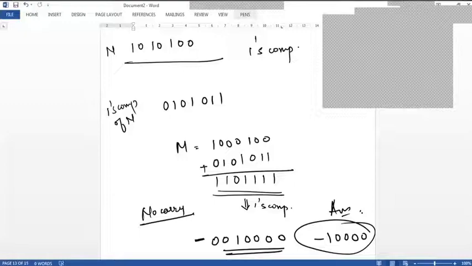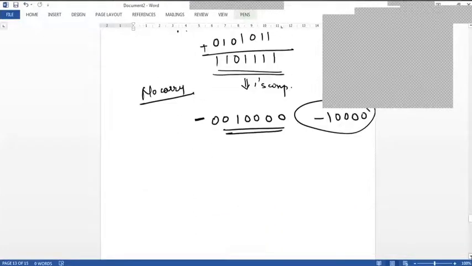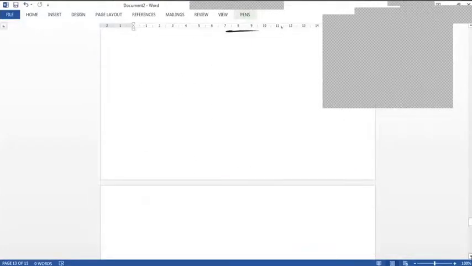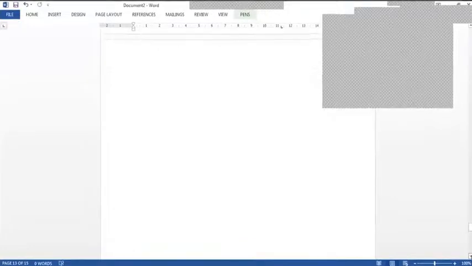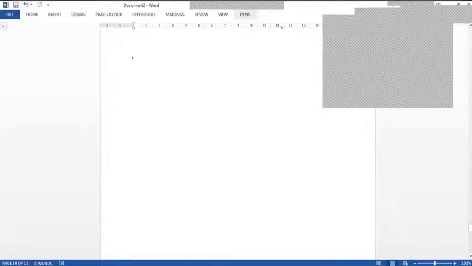Any doubt in these two procedures, subtraction using r's complement and r minus 1's complement? See, generally in computers, when we say complement, it generally refers to one's complement. Okay. We will see the comparison shortly, but before that I am giving you an example to solve quickly. Solve it and write the answer in the chat window.